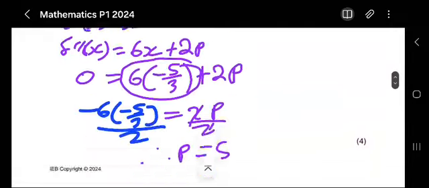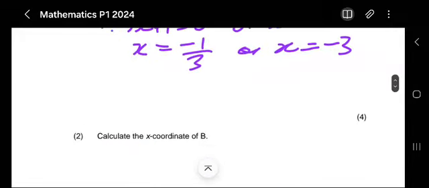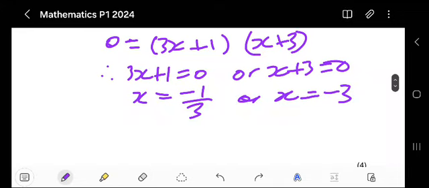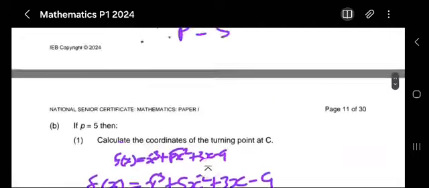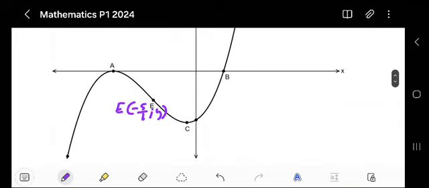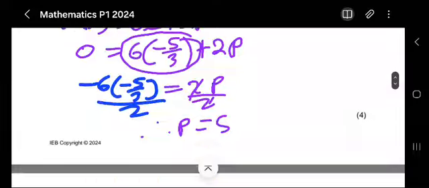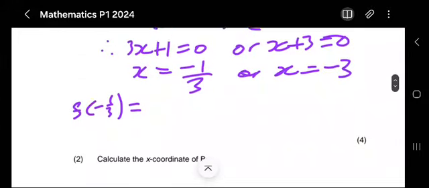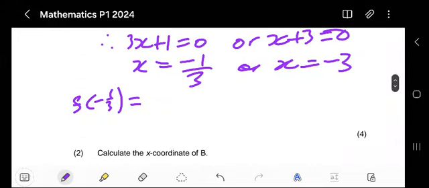So we'll use minus 1 over 3 in our original formula. Remember these turning points, the other one is here, lower there to see. So we'll use this because we want that coordinate C, isn't it?